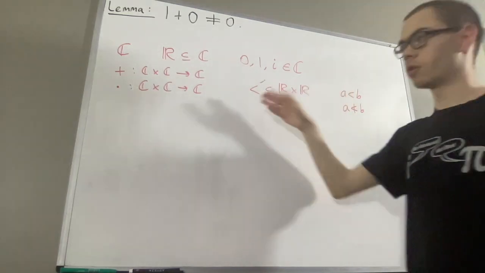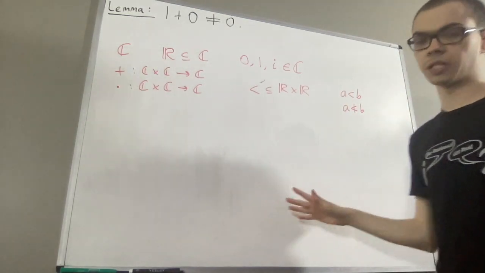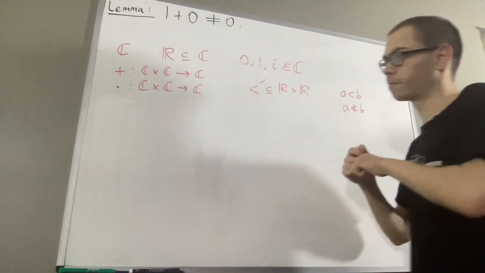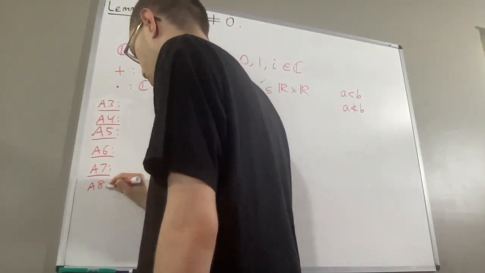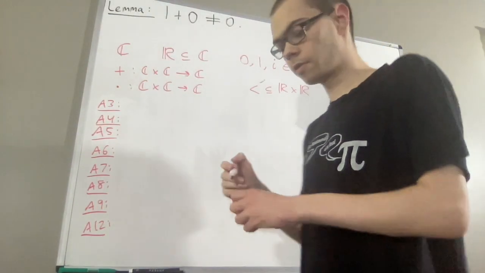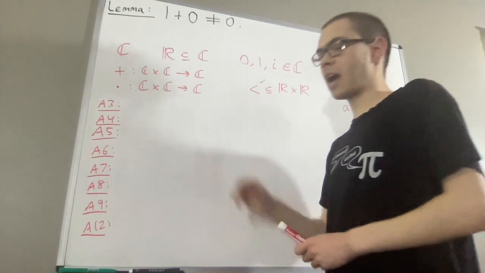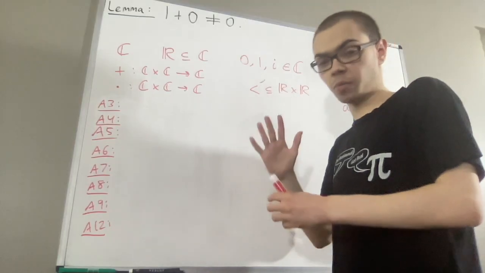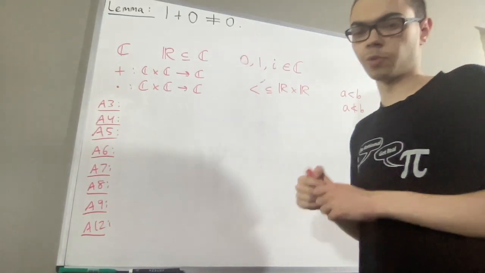And from here, we have a list of axioms for the complex numbers. And here are some of the axioms that we're going to be using. We have axioms 3 through 9 and axiom 12. By the way, axioms 1 and 2 tell us the sum of any two real numbers is a real number, the product of any two real numbers is a real number.